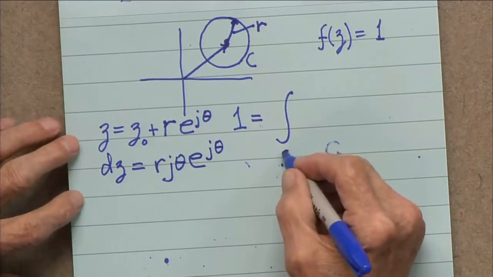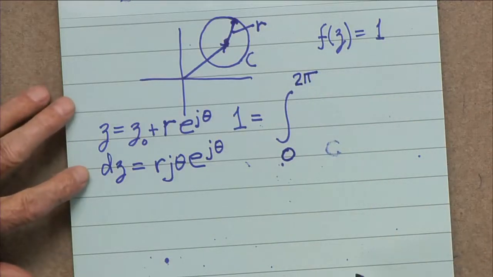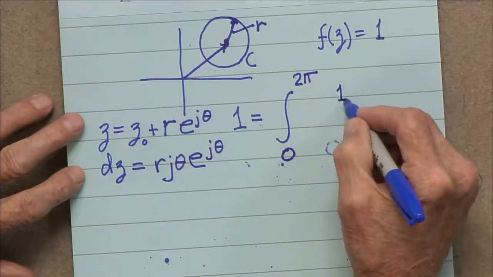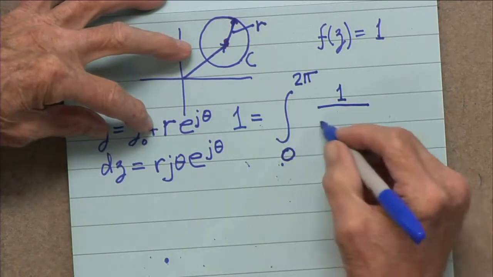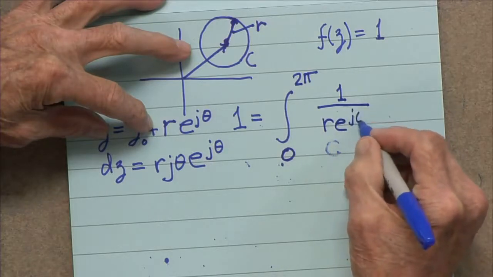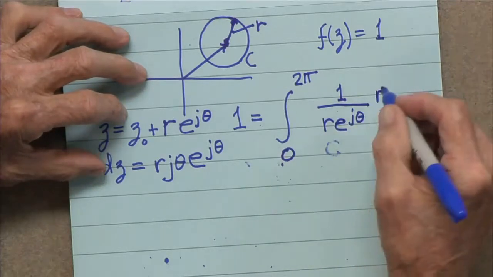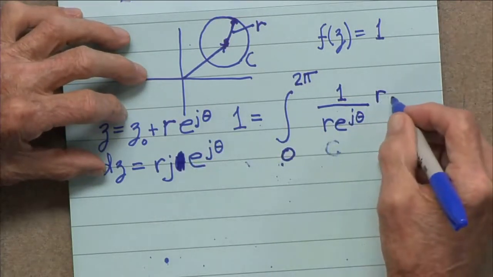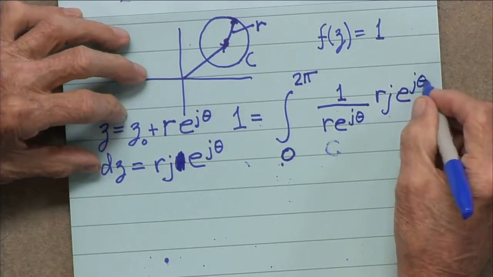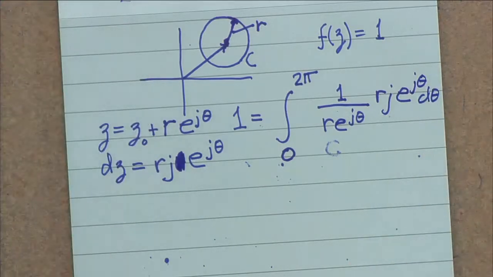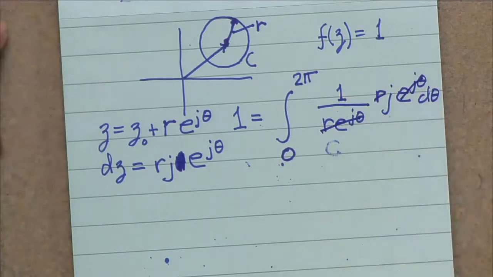And so we're going to integrate theta from 0 to 2 pi. f of z is 1. z minus z0 is r e to the j theta. And dz is r j e to the j theta times d theta. And you see r e to the j theta goes out.